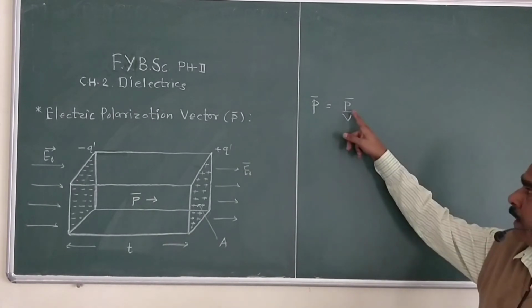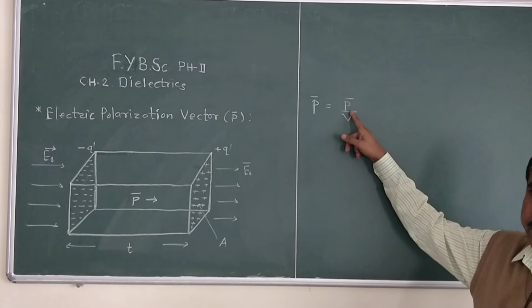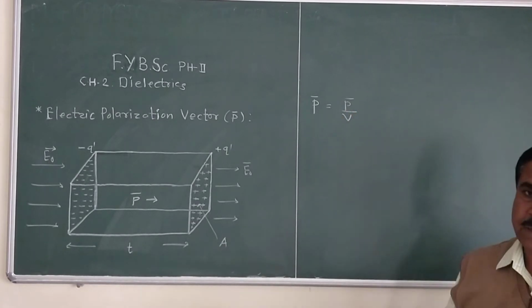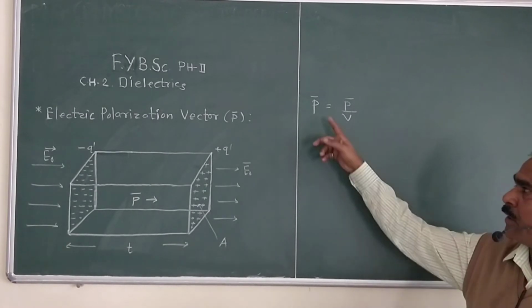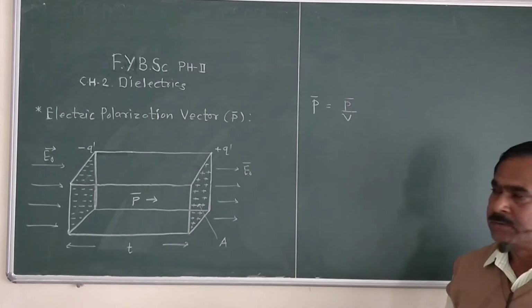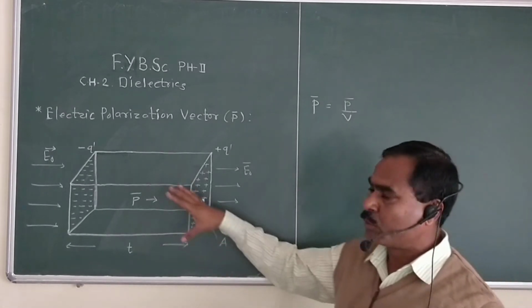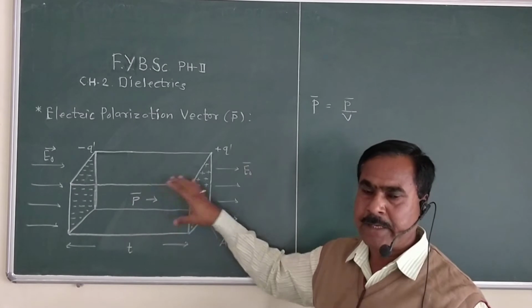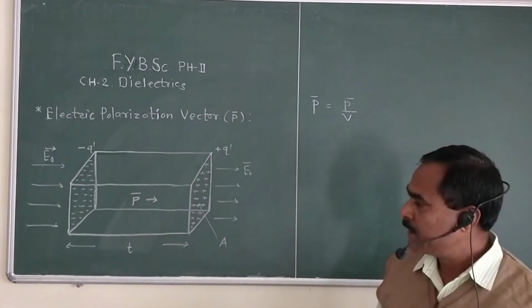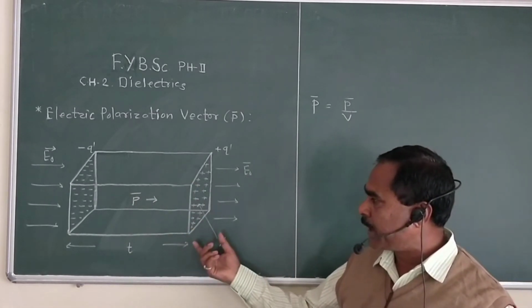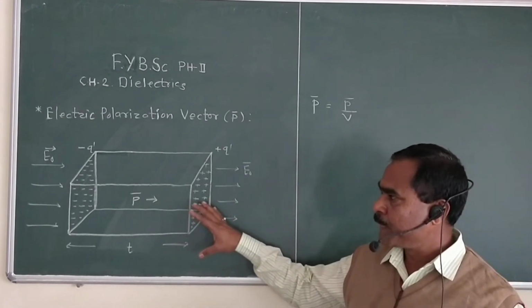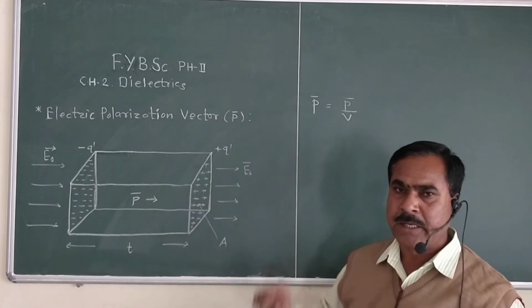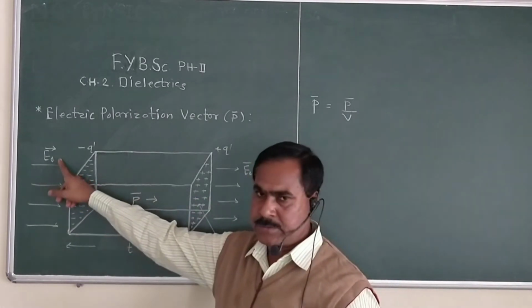Now this P bar is a vector quantity, so electric polarization is a vector quantity. In order to understand or to prove the equation of electric polarization vector, we consider an isotropic material which is homogeneous, and this material is placed in an external electric field E naught bar.